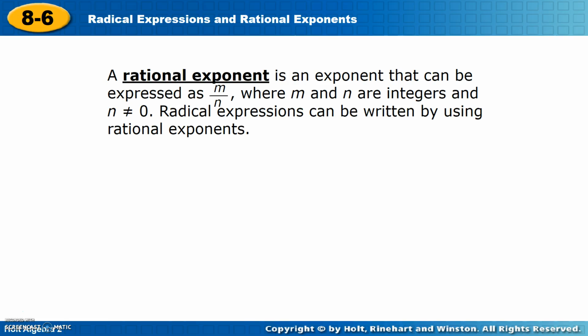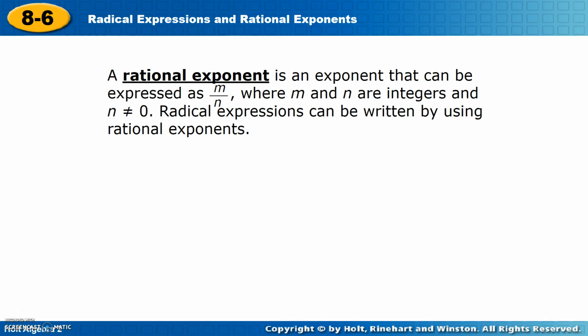So we start here with a rational exponent is an exponent that can be expressed as m over n, where m and n are integers, and of course n cannot be equal to 0.